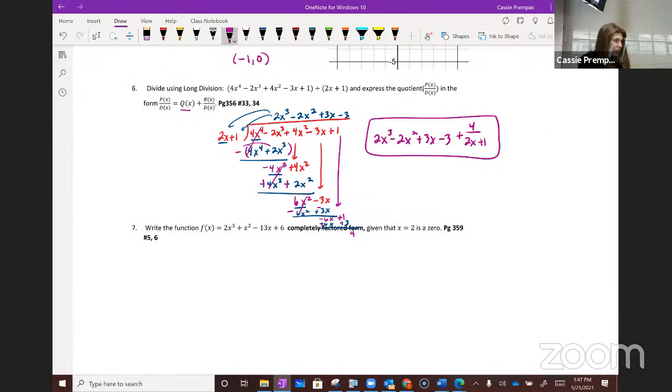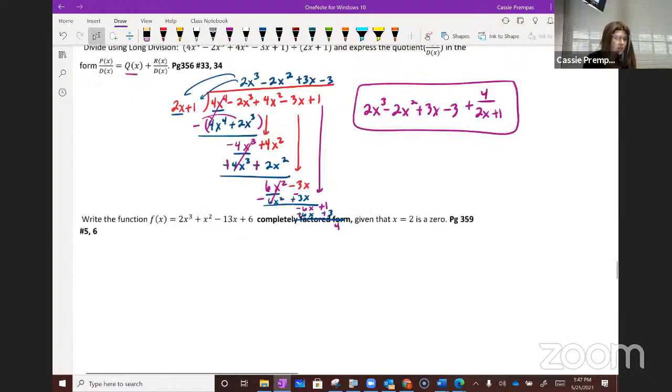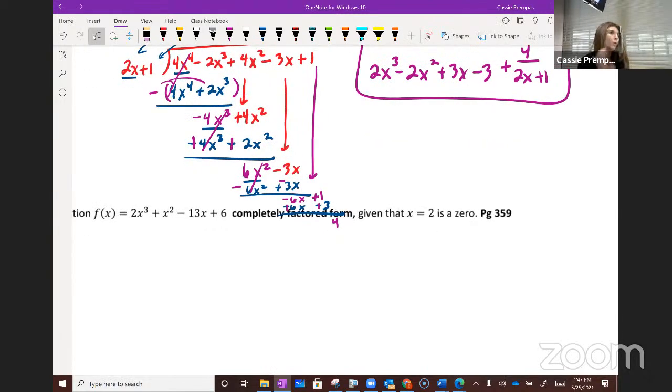All right, number 7, write the function in completely factored form, given that x equals 2 is a 0. One thing you want to recall is that if x equals 2 is a 0, then you know that x minus 2 is a factor of the function.